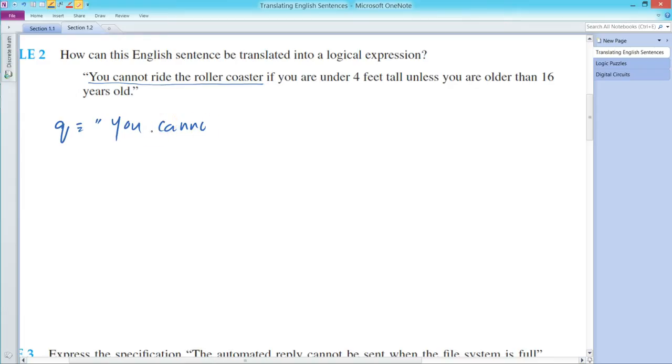by the way, as I said earlier, it's good practice to write the positive expression of any sentence or component and assign it to a variable. So I'm going to erase this completely and write q to be the sentence, you can ride the roller coaster.